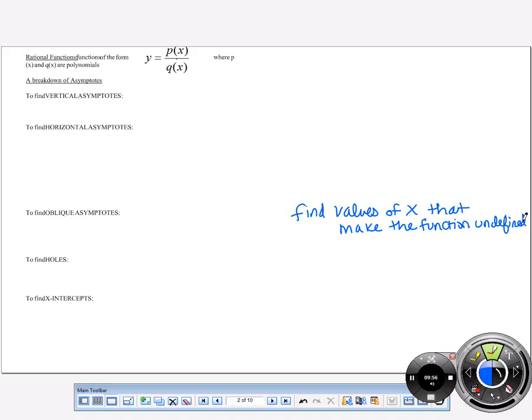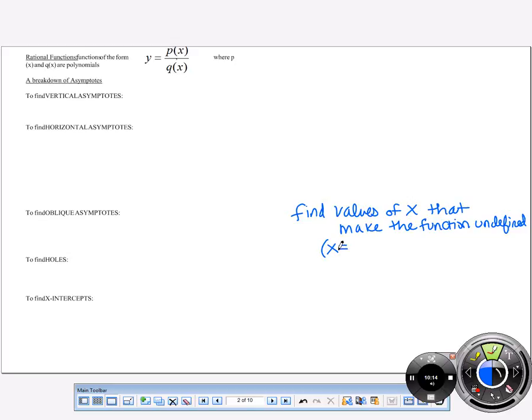And then some people are even going to have a hard time with that language. What do you mean make the function undefined? What makes the function undefined if it's a fraction with variables in both numerator and denominator? How are you going to make it undefined? Whatever makes the denominator equal 0, okay?